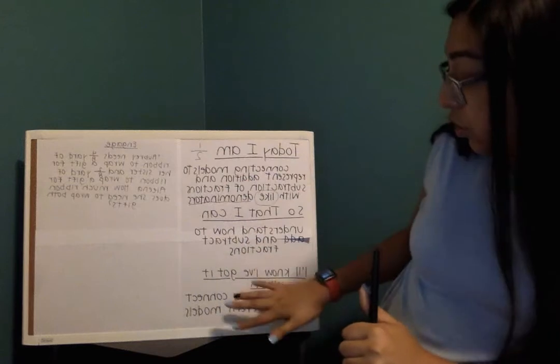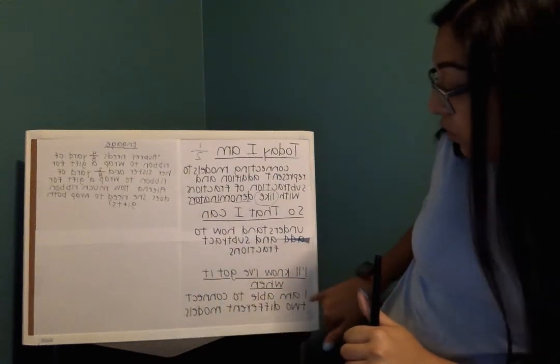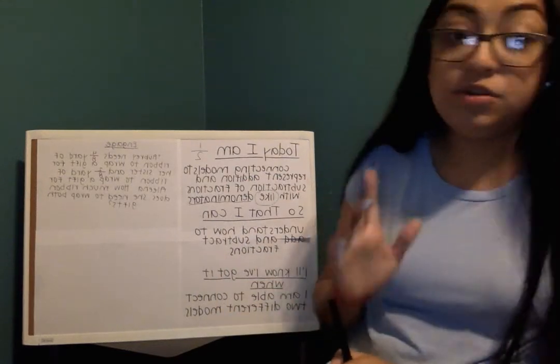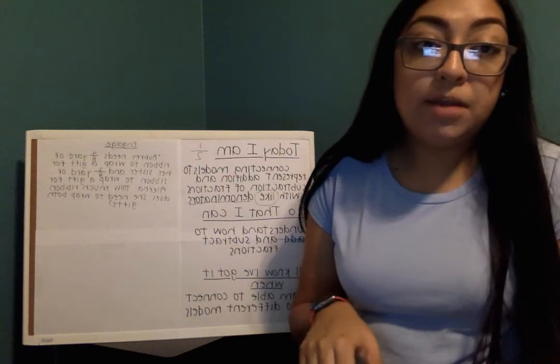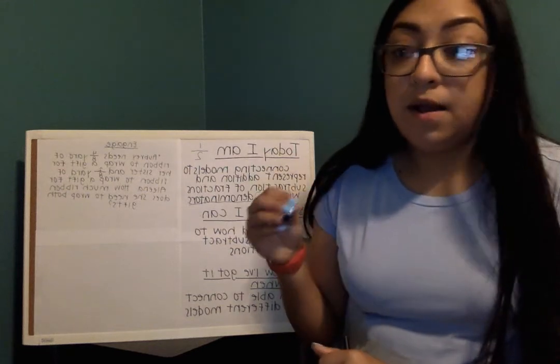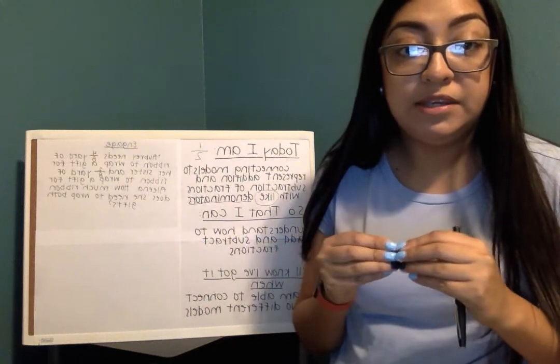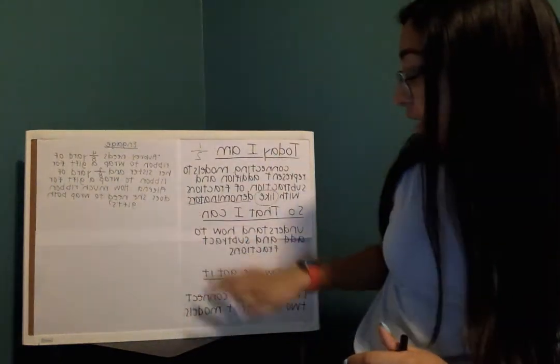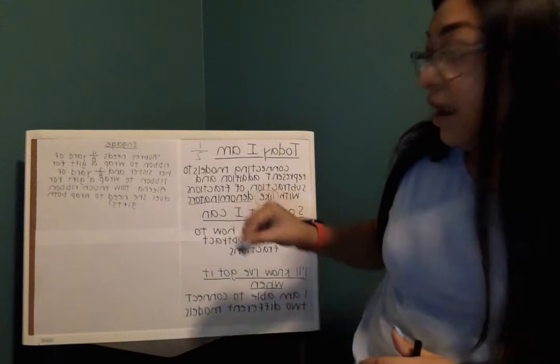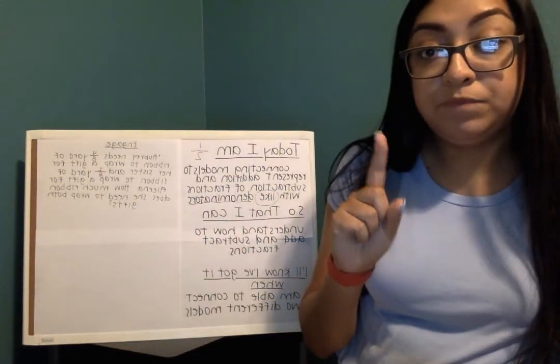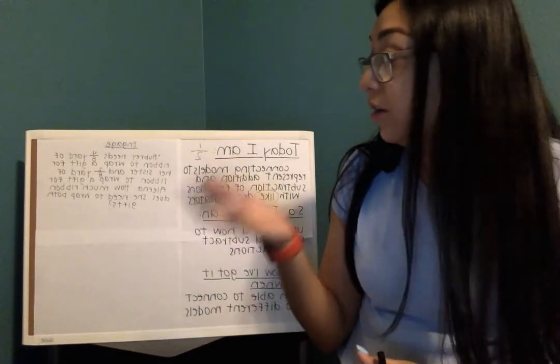And then you'll know you have it when you are able to connect two different models. When we're talking about models, it means we're going to be working with manipulatives. We're going to work with different types of pieces so that we can connect them and then create one certain outcome at the end.